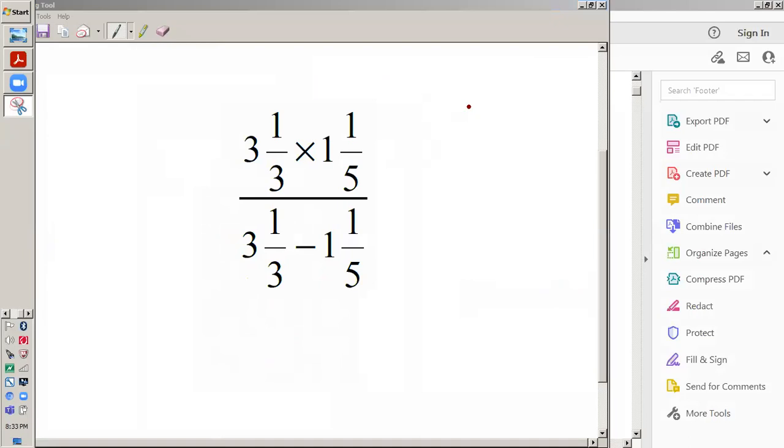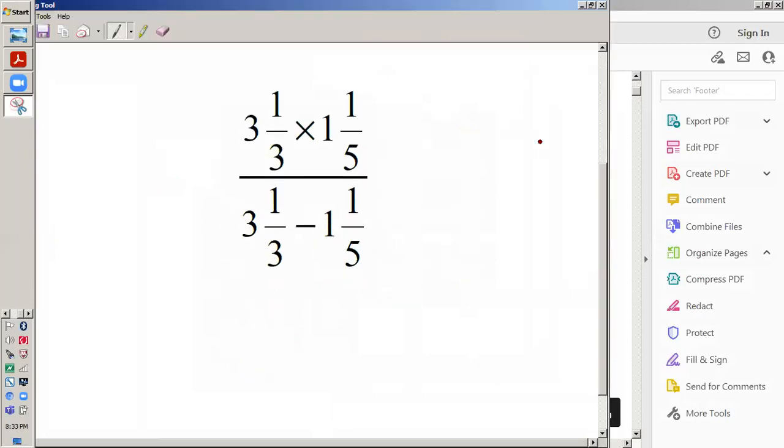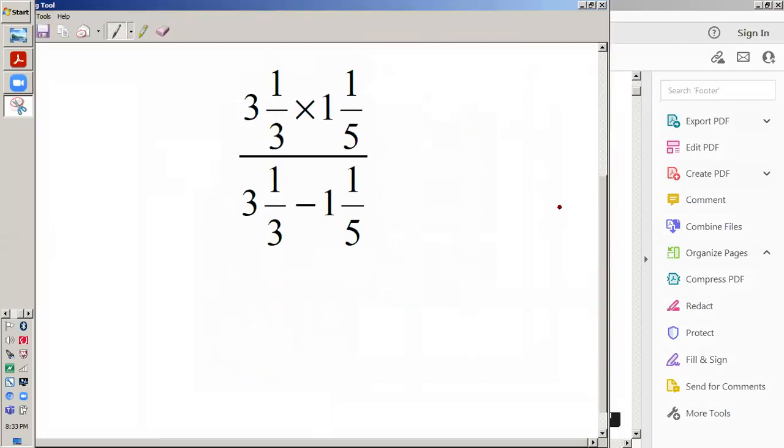All right, so what you're going to do is the same thing. Work on the top piece, work on the bottom piece, and then divide it.